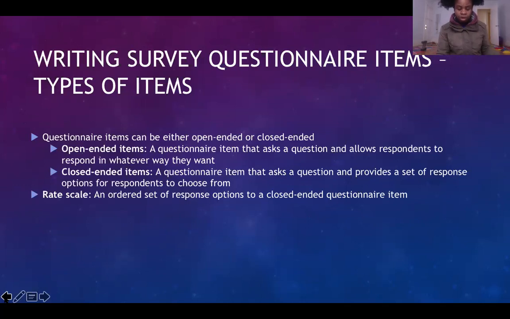So for example, on a scale of 0, no pain at all, to 10, the worst pain ever experienced, how much pain would you be in right now? Okay. For a quantitative variable, a rating scale is typically provided, which is an ordered set of responses that participants must choose from.